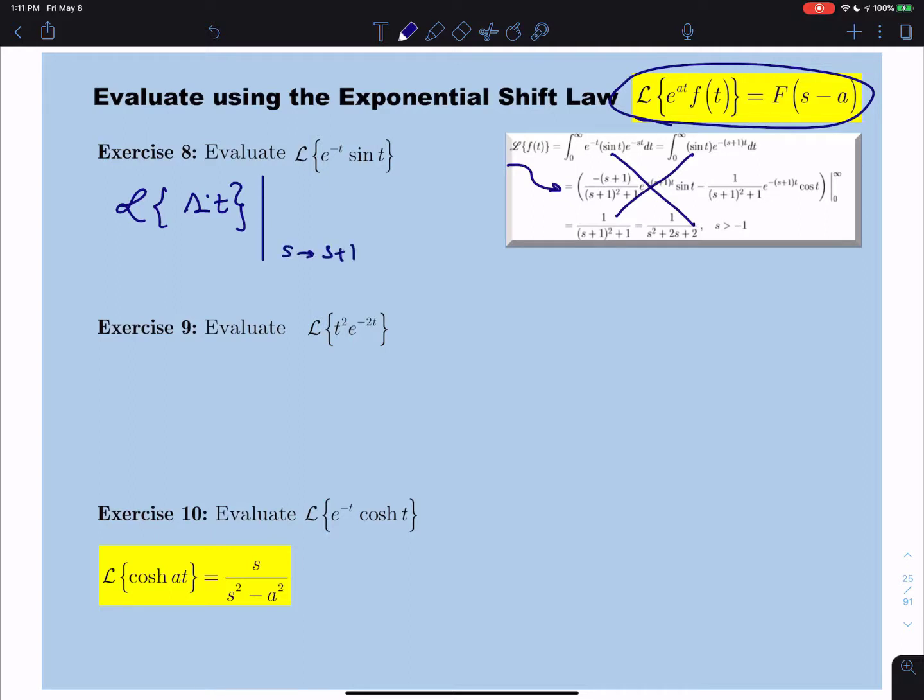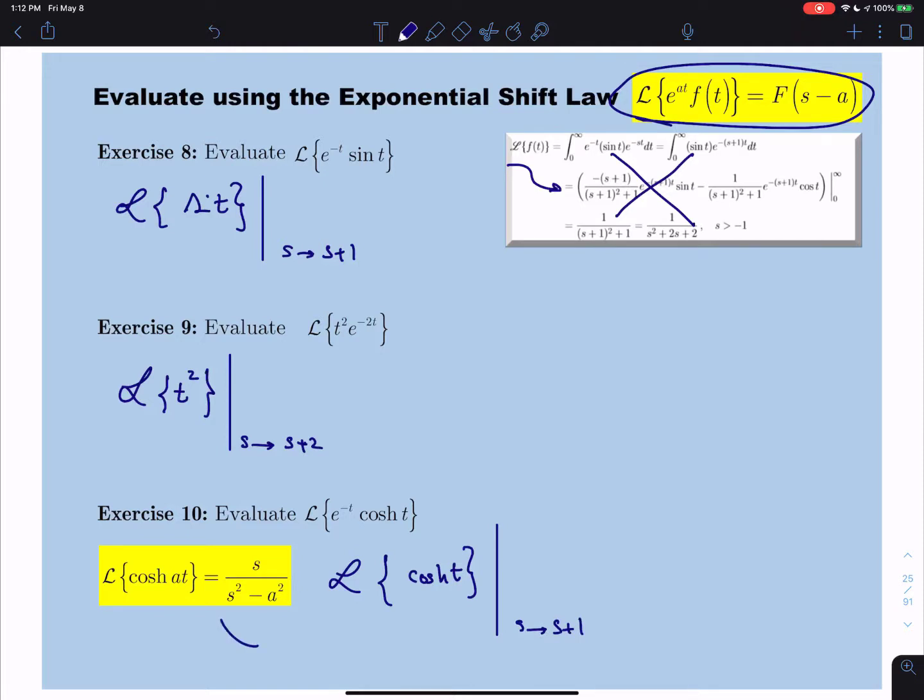In here, all you have to do is evaluate the Laplace transform of t squared, and then drive s to s plus 2. In here, all you have to do is find the Laplace transform of cosh of t, and then evaluate it as s goes to s plus 1.